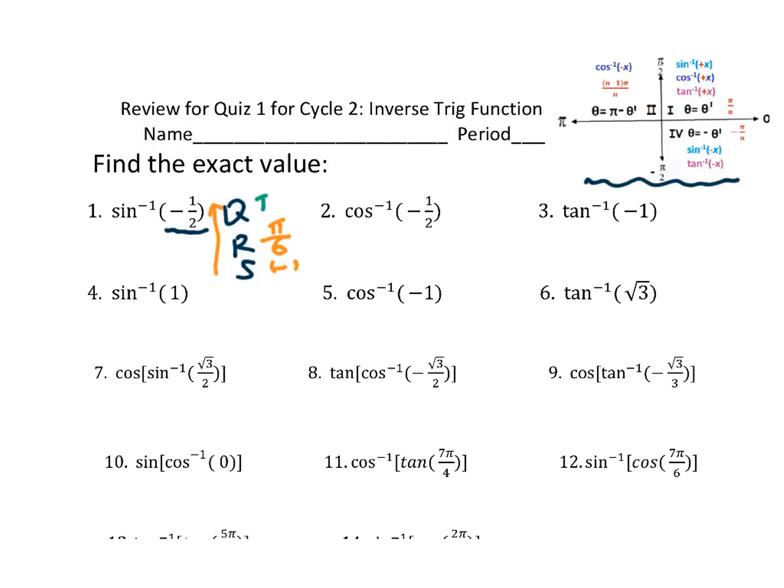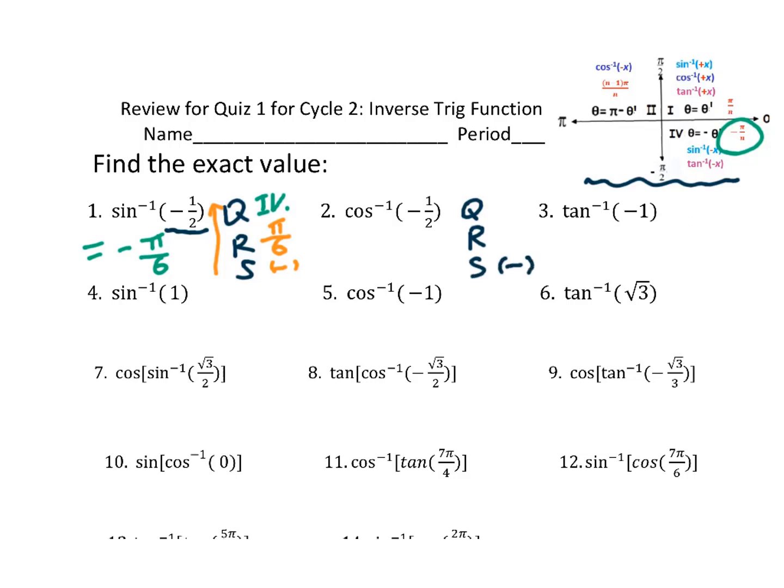Then they go to fourth quadrant. Pattern will be -pi/n. That's why your solution will be -pi/6.